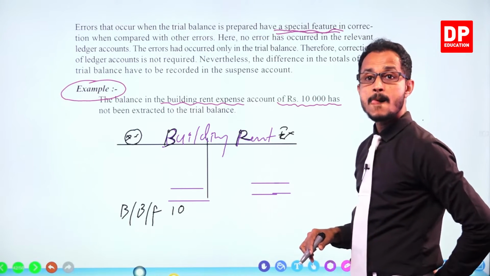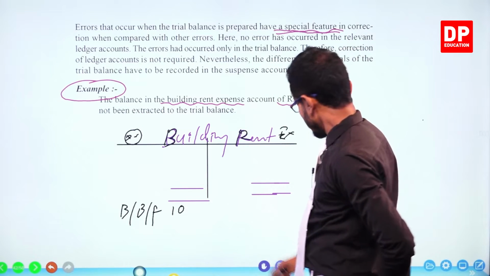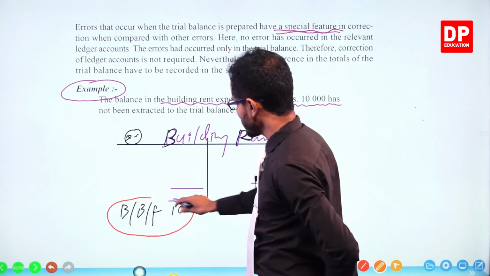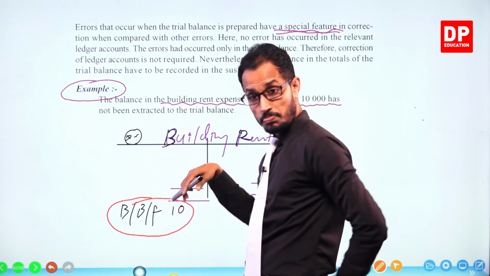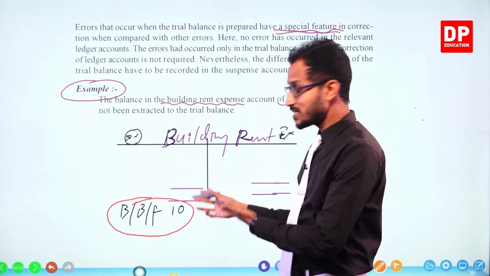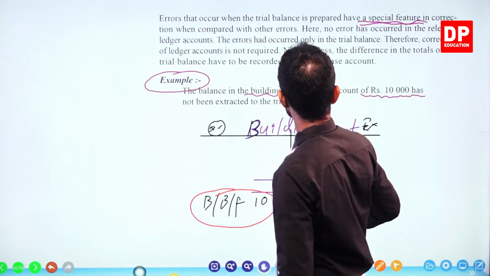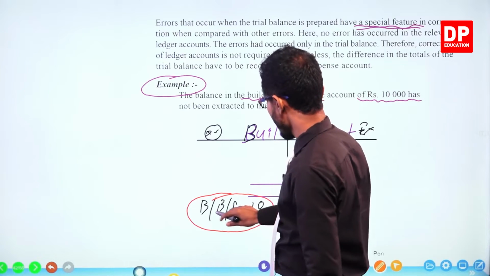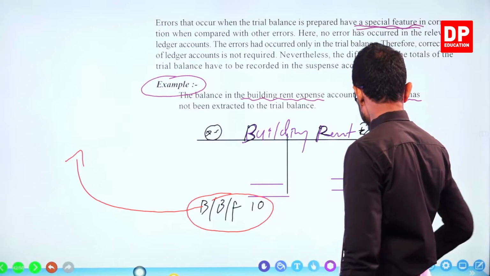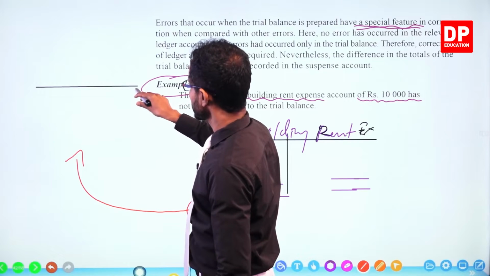Yes, 10,000 has not been extracted to the trial balance. This should be taken to the trial balance debit side. But it has not been taken to the trial balance.